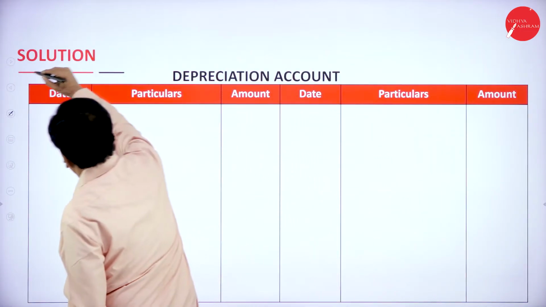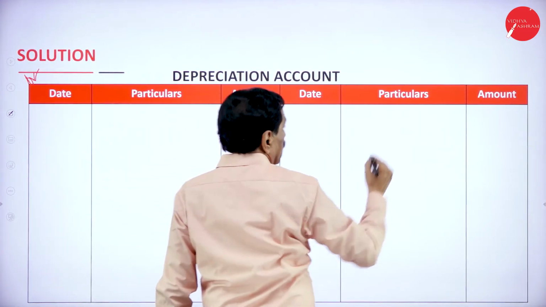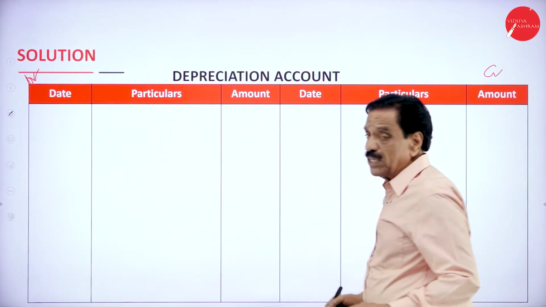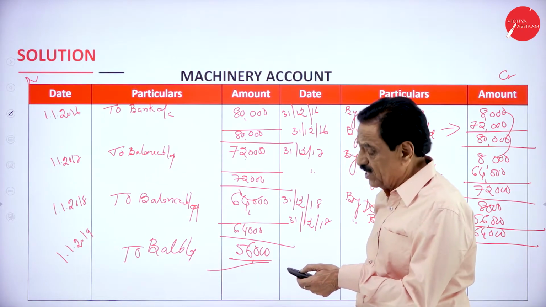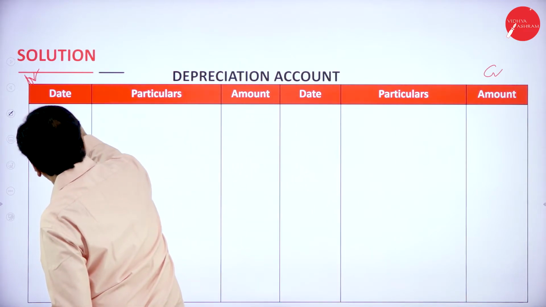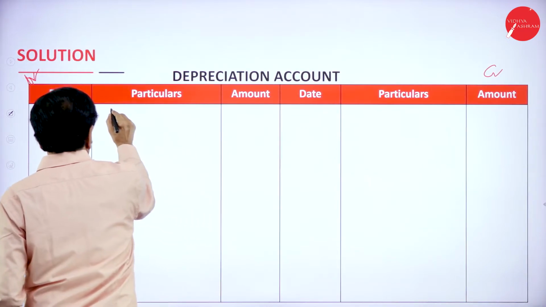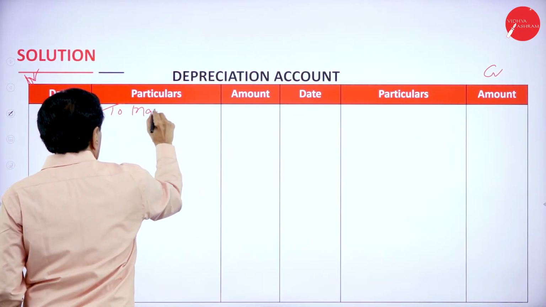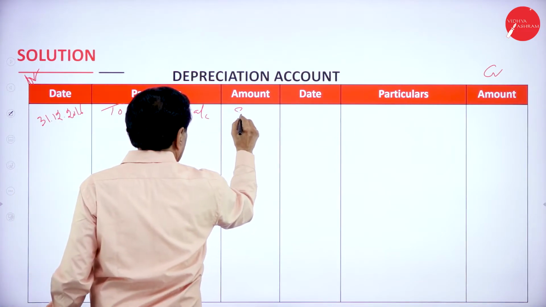Here, depreciation account. Depreciation is charged on which date? What is the first year depreciation here? 31st December 2016, to machinery. How much you charge? 8,000.